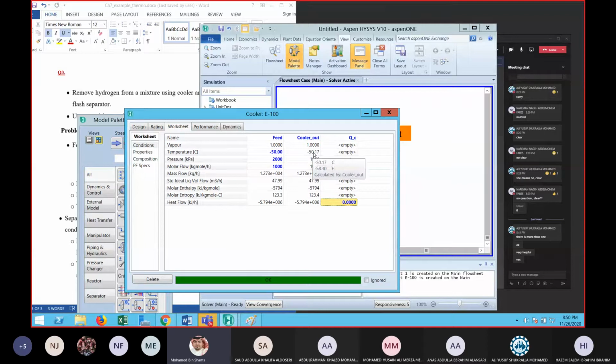You either give it the temperature or the duty, and usually in the questions we have one and it calculates the other. Now I reversed the question, so it was able to calculate this, and since QC is 0, no heat exchange happened, so the feed temperature to the cooler and the cooler out are the same, so nothing happened.